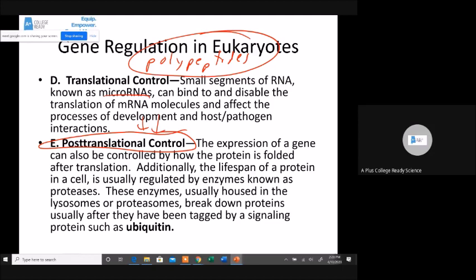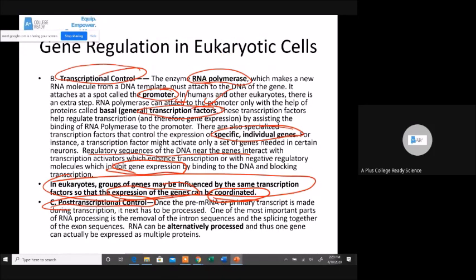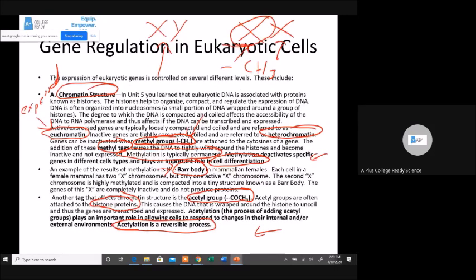So by controlling how a protein folds, and also by controlling the lifespan of the protein, because there are enzymes that break down proteins, eukaryotes can essentially control gene expression. So those are some different ways that eukaryotes control expression of genes.